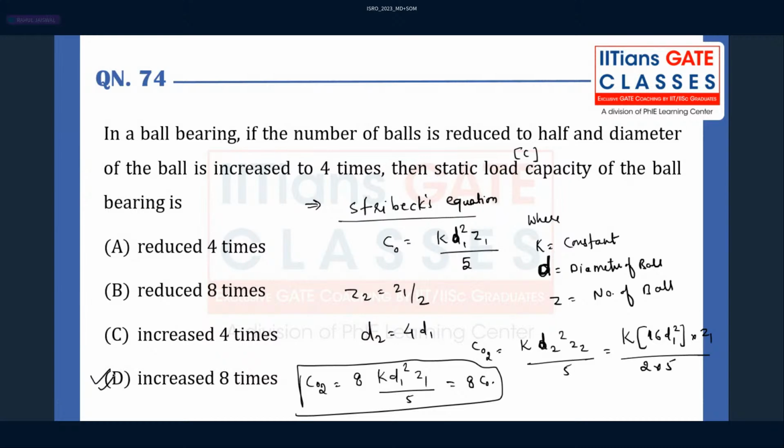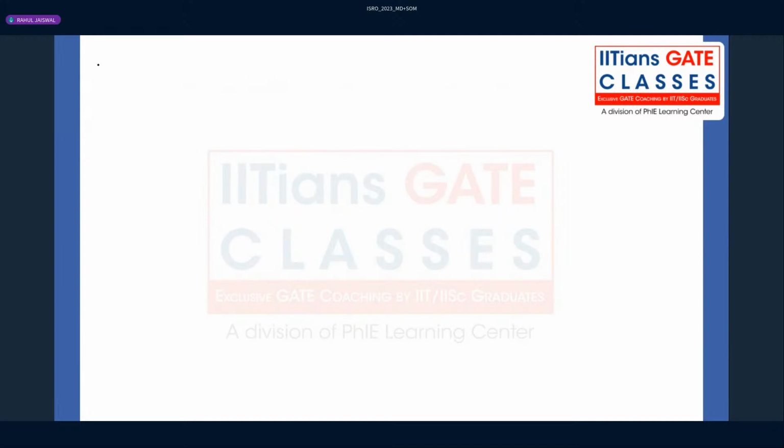Note down. What is the meaning of static load carrying capacity?